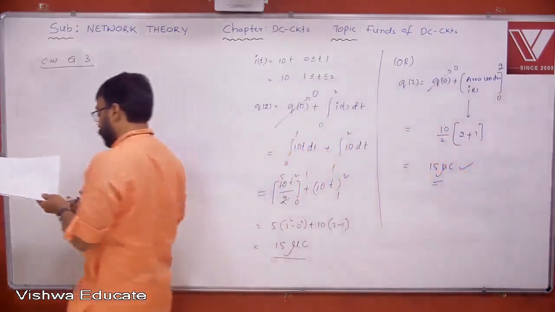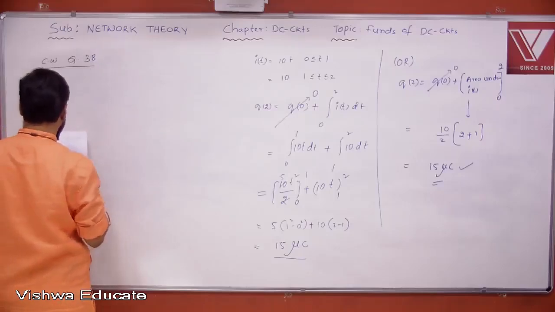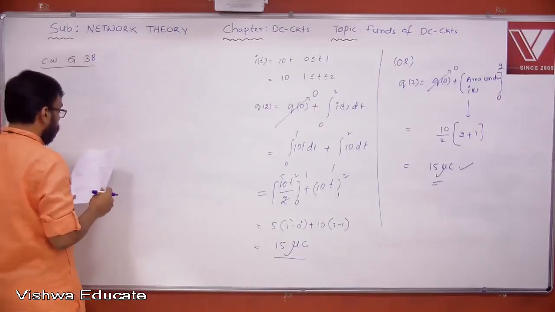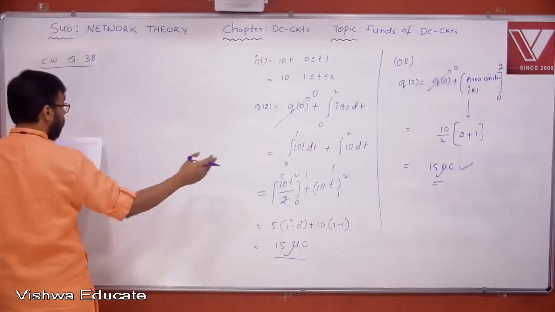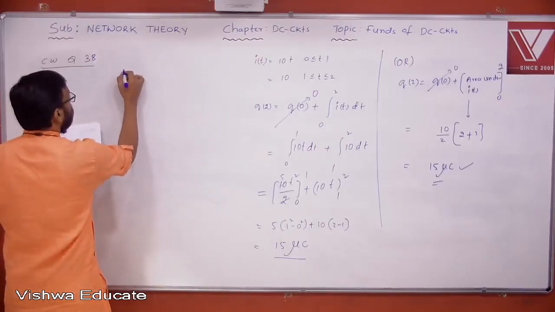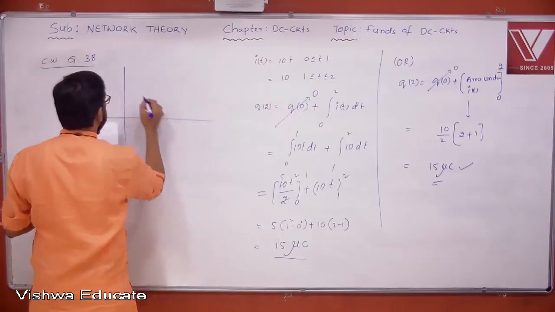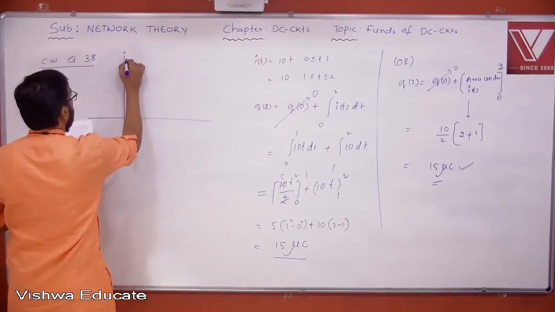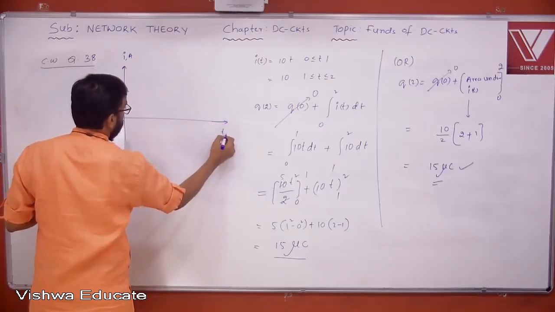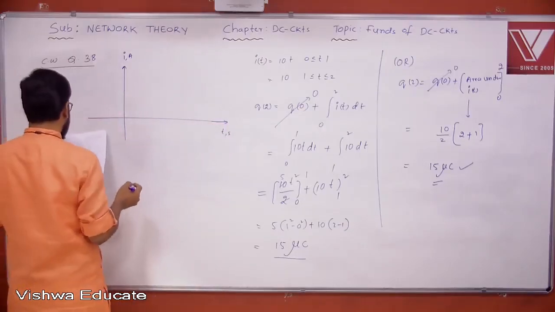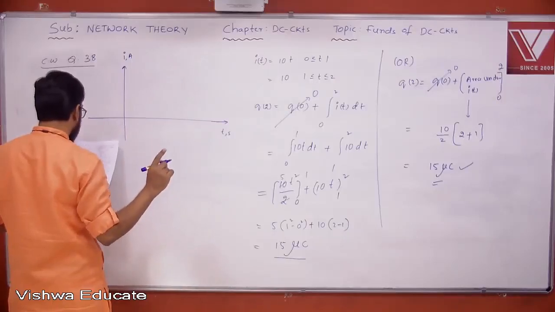What is the 38 problem actually given here? The current through an element is shown in the following figure, right? I think all of you finished that. Then we'll go for this. I'm just drawing that figure. Current versus time is given here, okay? The current through an element is shown in the following figure. Read that question, all of you.